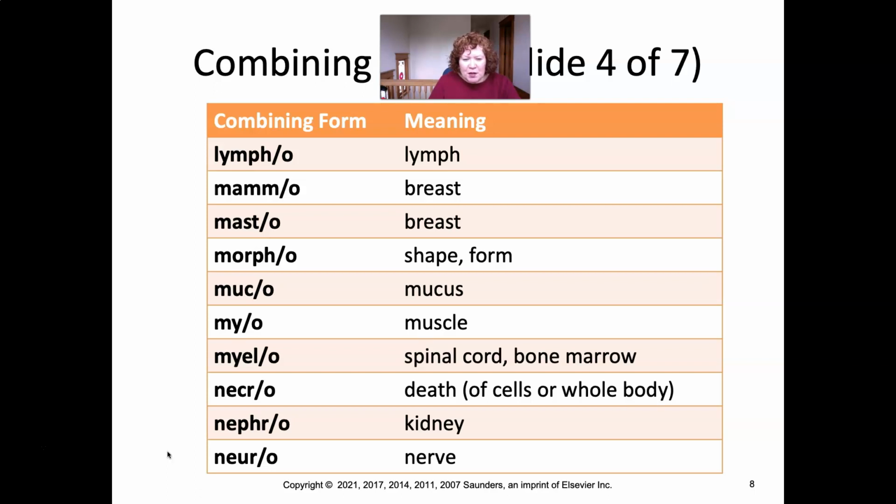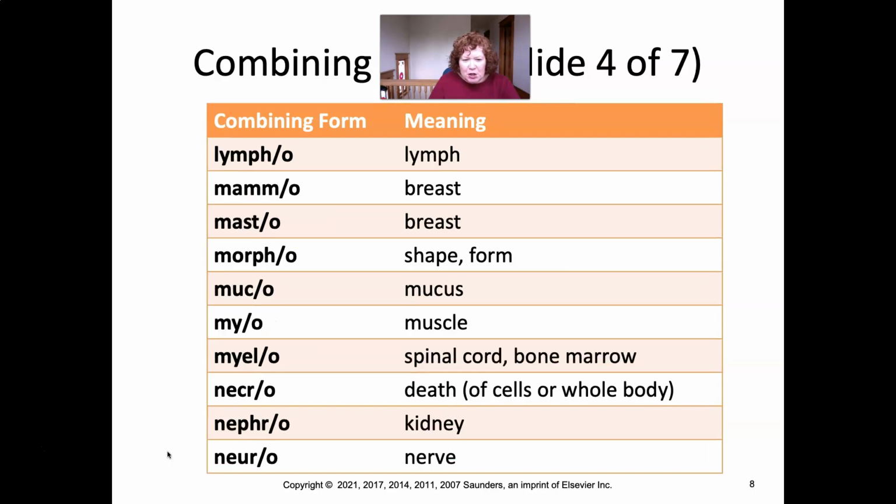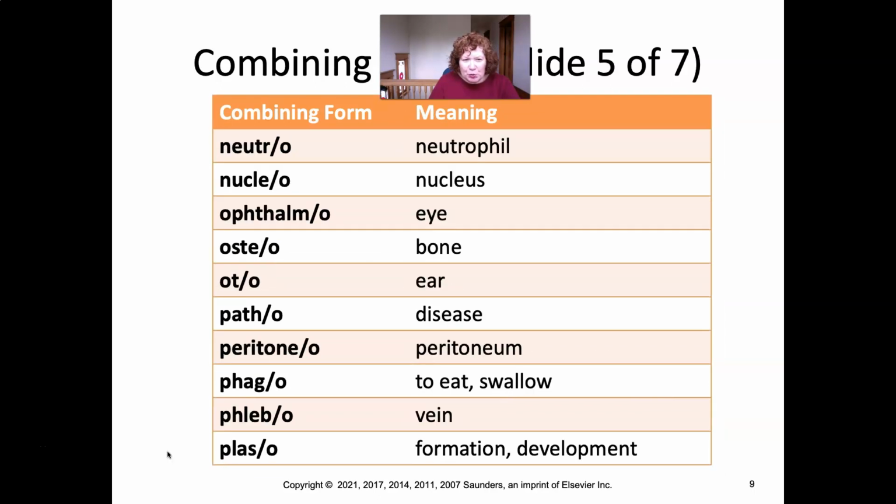Necro, nephro, neuro, neutro. Look at how close neuro and neutro are. They mean totally different things again, but they're spelled awfully similarly, so you're going to want to watch out for that. Nucleo, ophthalmo, and of course the OPHTH there is a tricky one, so practice spelling that one.